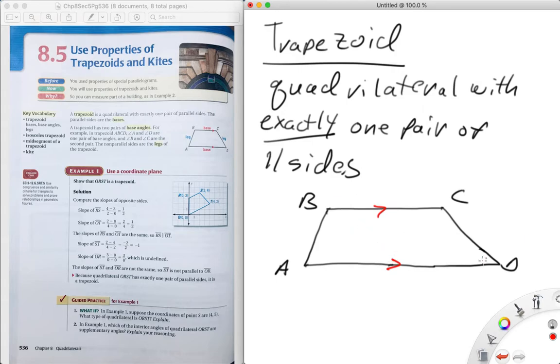Right? Those are my parallel sides. The 2 opposite parallel sides are called the bases. And the other sides that are not parallel, that are not the bases, are called the legs.